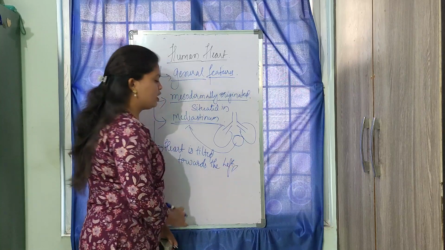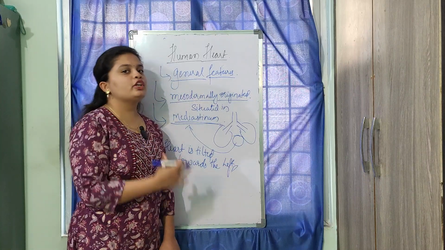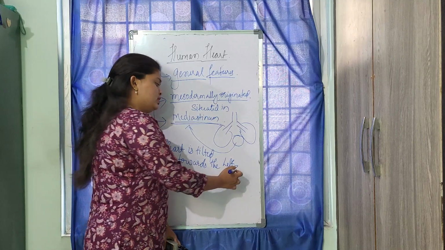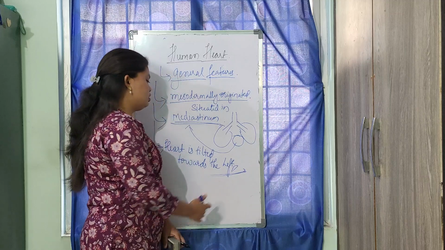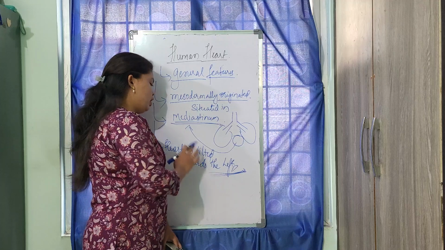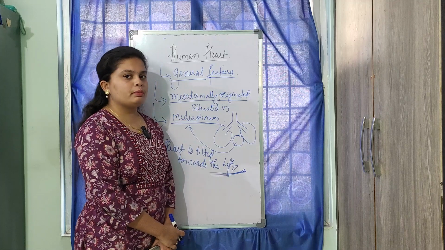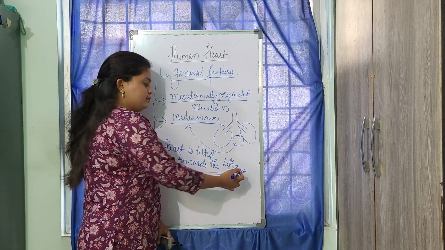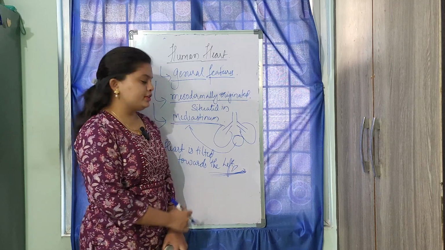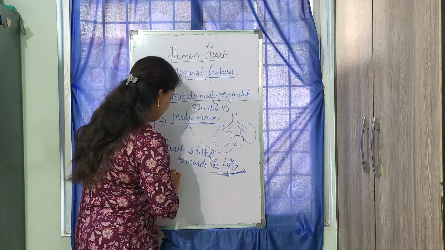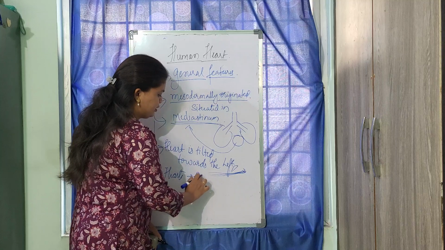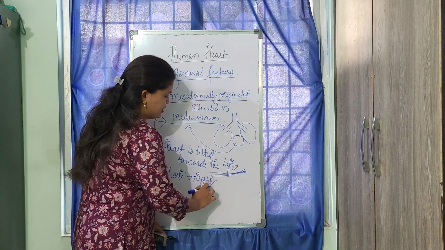towards the left. Our heart is a little bit tilted towards the left, and this has an exception. Not all people have their hearts tilted towards the left. Some people are exceptions. There are some people who have their hearts tilted towards the right, leaning towards the right side.